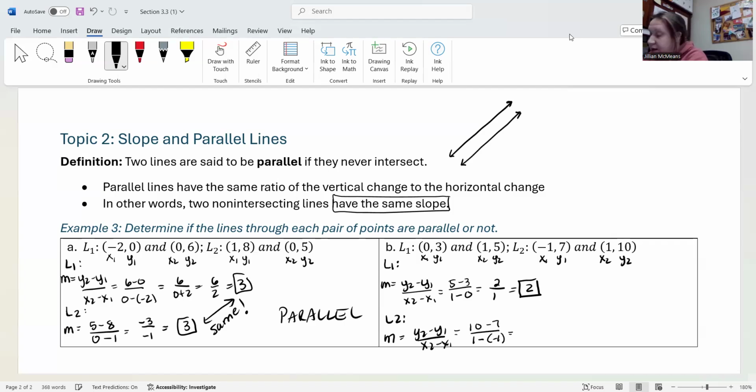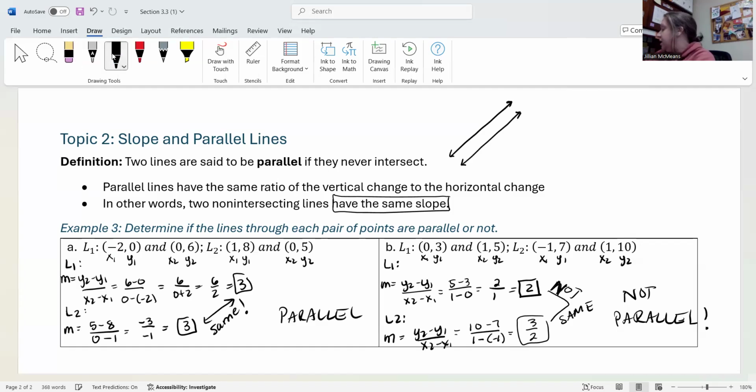So watch those signs there. I would get 3 over 2, and 3 over 2 is not the same as 2. So we can see here they're not the same, so we would say not parallel. All right, let me write that as parallel with an L.